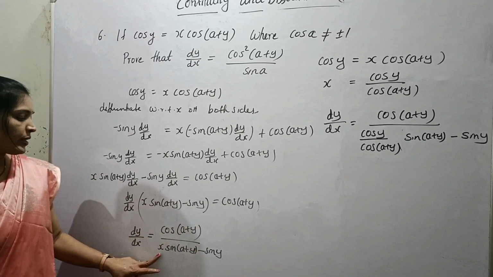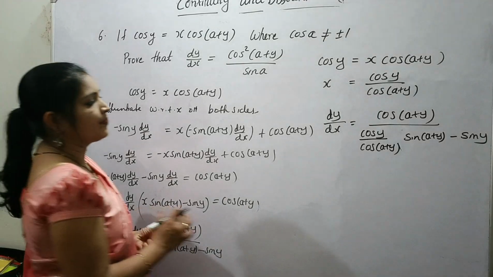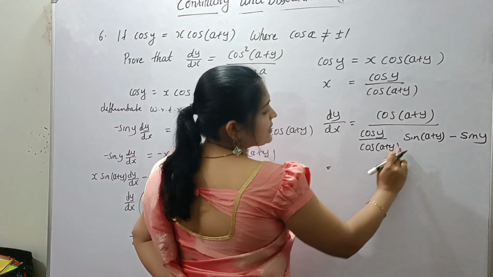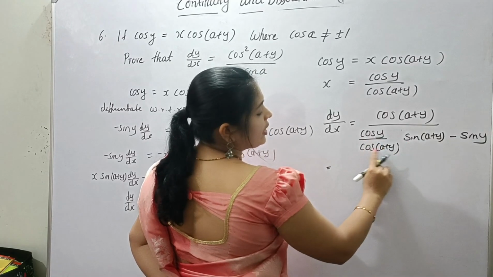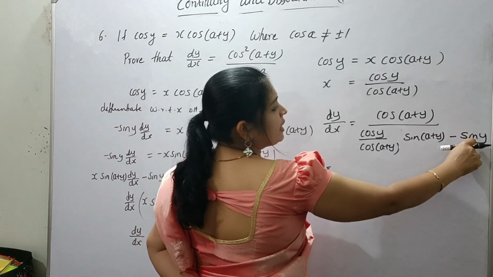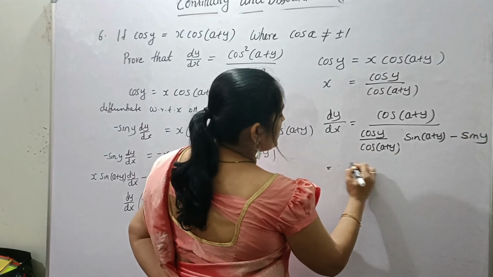So we have substituted x is equal to cos y divided by cos of a plus y. Then let's simplify. Take the LCM: cos y divided by cos of a plus y into sin of a plus y, and cross multiplication gives sin y into cos of a plus y.